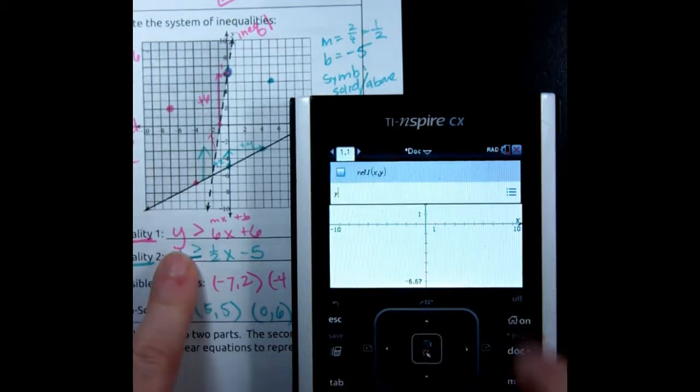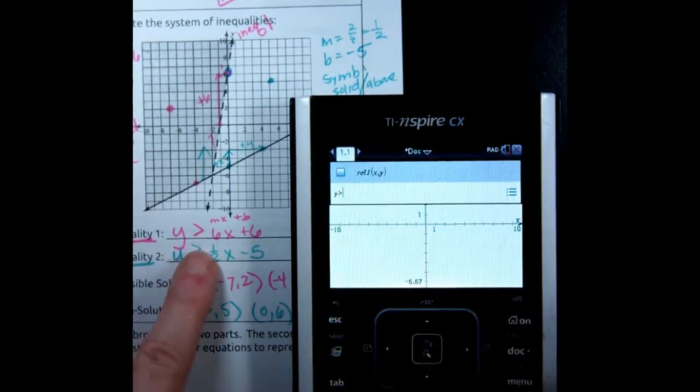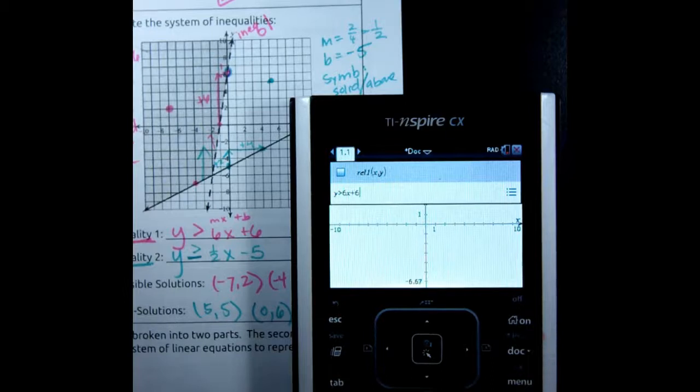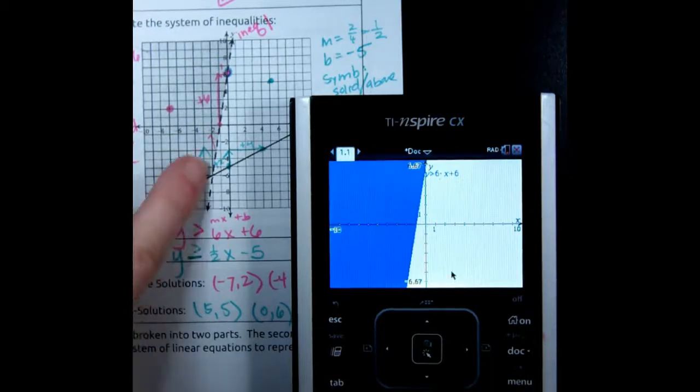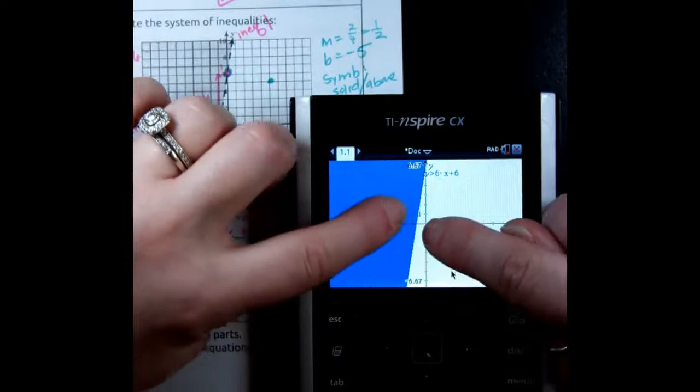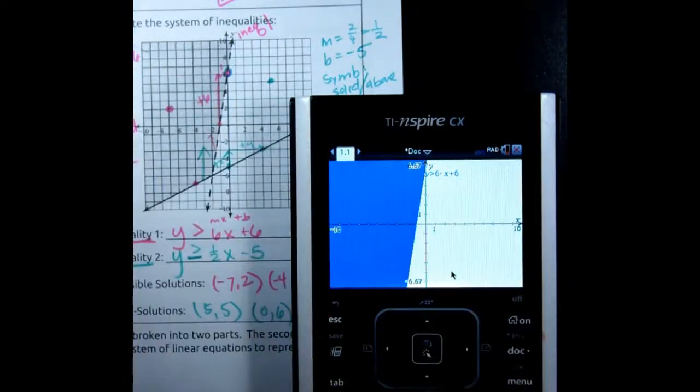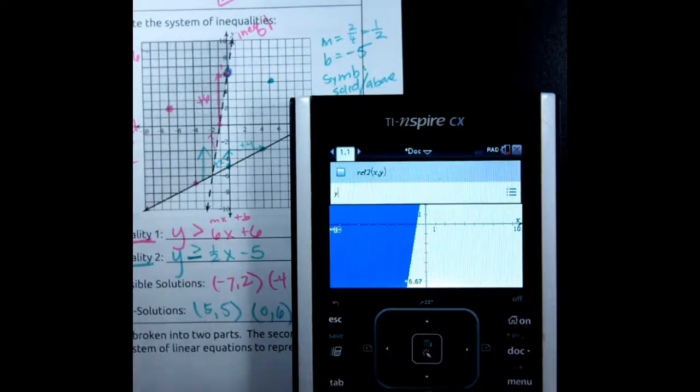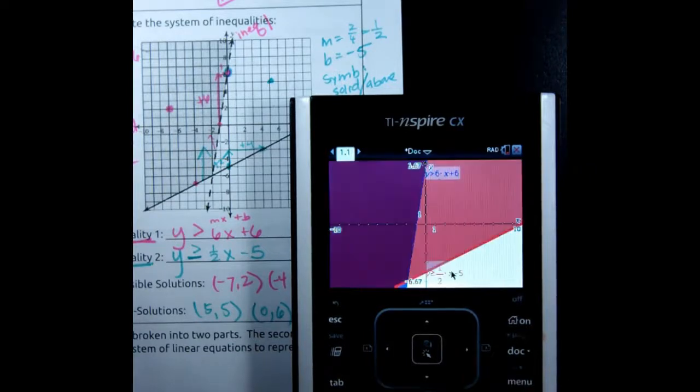So y greater than 6x plus 6. Okay. Looks like mine. And if you look really closely, you can see that it's dotted. Yeah.